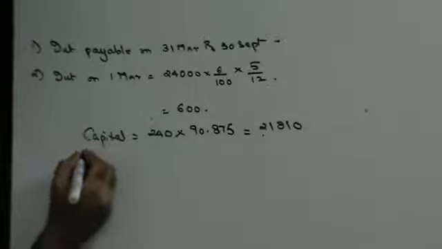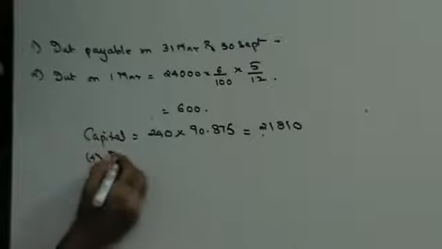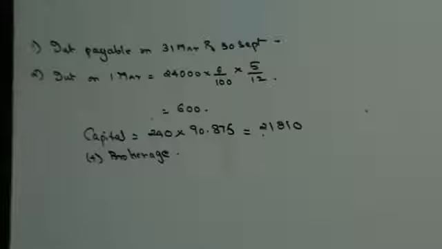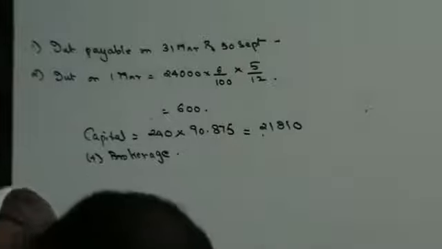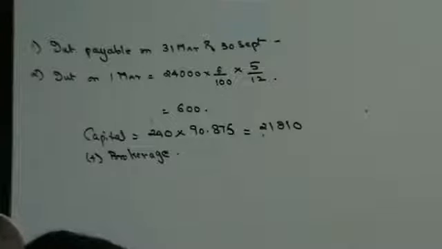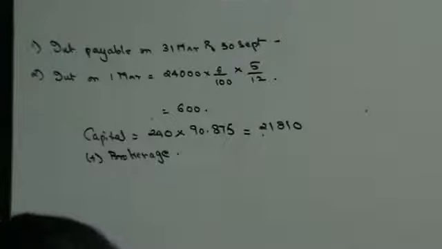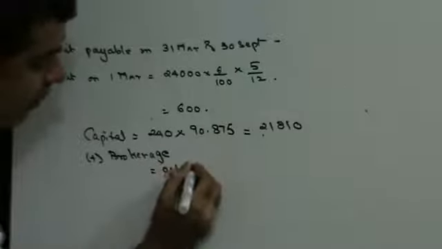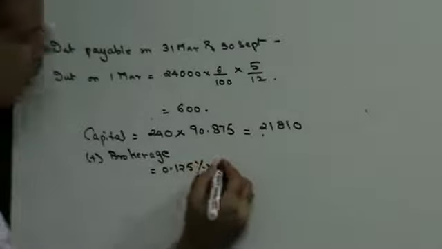Now there's a brokerage. Since there's a brokerage, while buying you have to add brokerage. They said that brokerage is 0.125% on the nominal value.